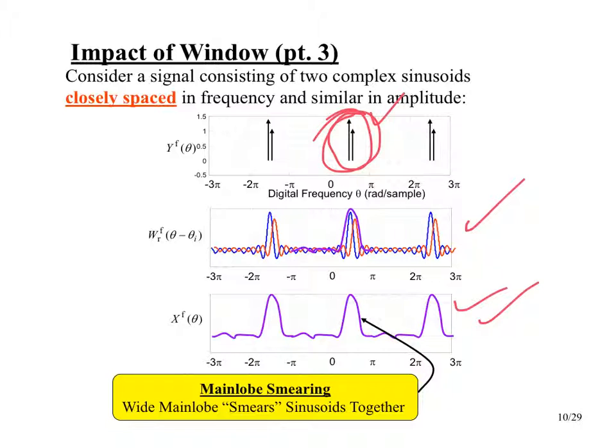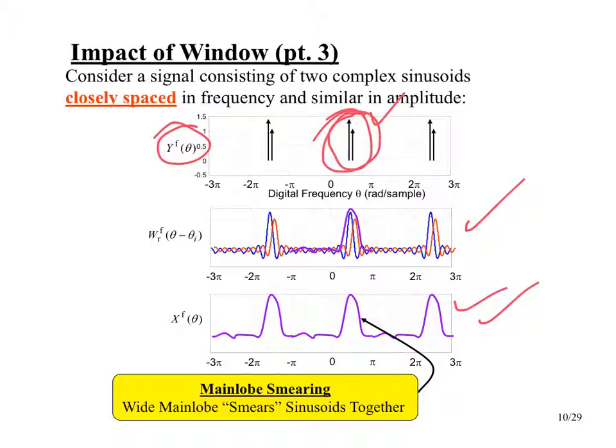So, we've illustrated these two effects with these two distinct sinusoids. But remember, this all happens even if our Y is some arbitrary DTFT, there will be smearing of closely spaced spiky features, and strong features in one frequency range will obliterate weaker characteristics in another frequency range through side lobe interference.